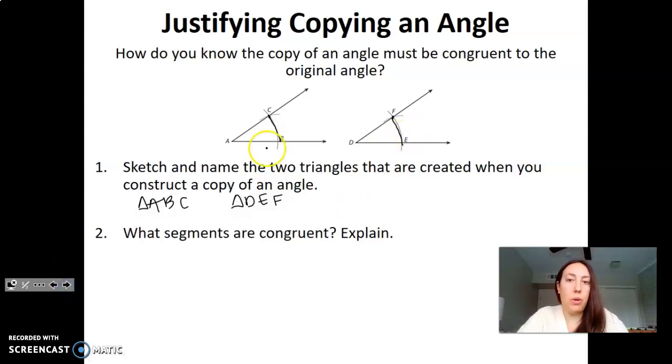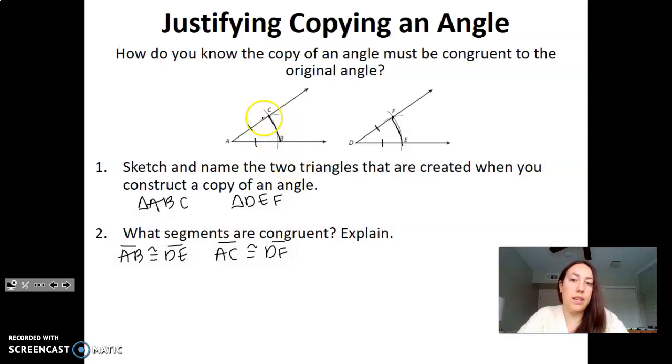So what segments do we know are congruent? Well, first off, when we made this first arc, we know AB is congruent to DE because they were made with that same compass setting. So AB is congruent to DE. Same goes for AC and DF because those guys were made with the same compass setting.